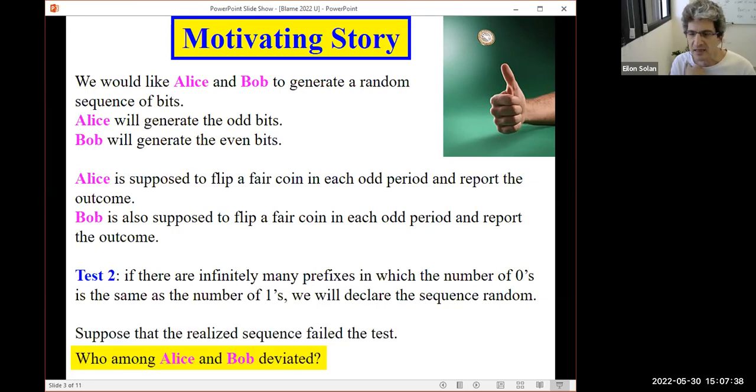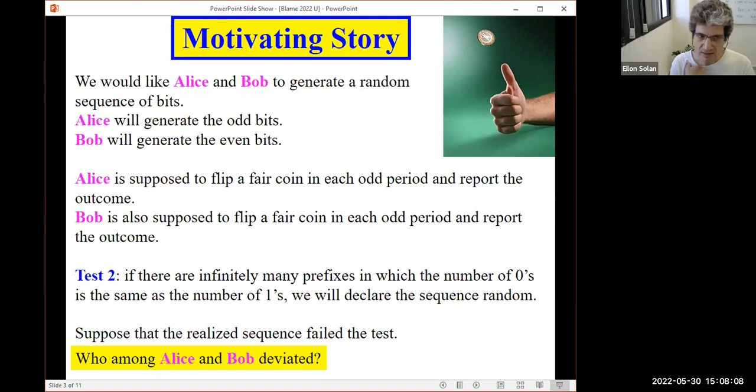Suppose again that the sequence fails the test, so that our random walk returns to the origin only finitely many times. Who among Alice and Bob deviated? Can we look at the zeros and ones that both generated and identify the deviator?